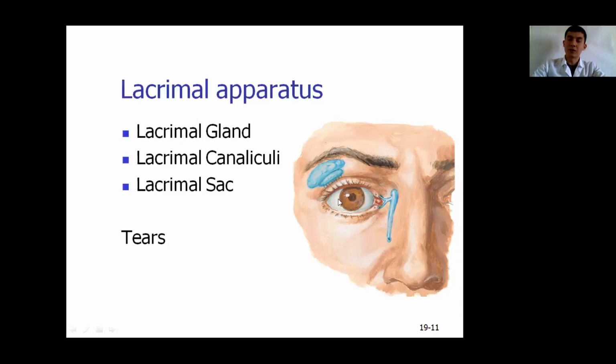Tears produced by the lacrimal glands circulate along the anterior surface of the eye and pass to the medial angle of the eye toward the lacrimal caruncle. There are two small openings, as you see in this diagram, called the lacrimal punctum, that lead into the lacrimal canaliculi.